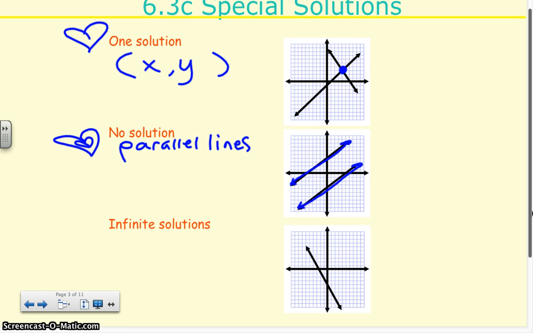And when we talk about no solutions, if we recall back to when we've solved other special situations, you get a false statement when you go through and solve. So you'll get something like 0 equals 5, or 0 equals negative 10, or maybe 1 is equal to 35. You'll get something that's false.